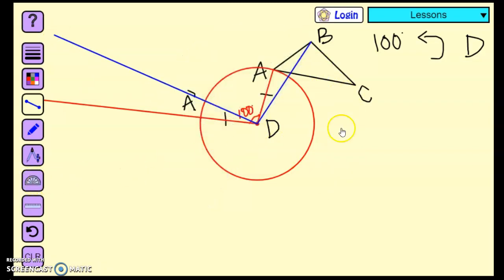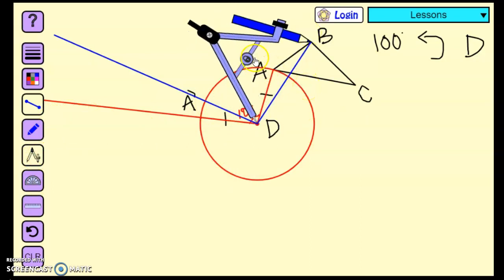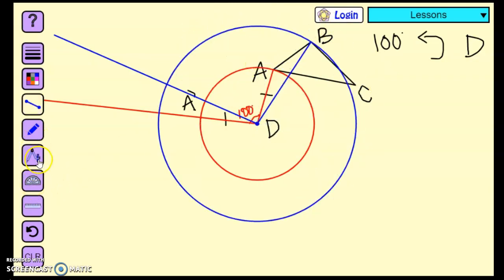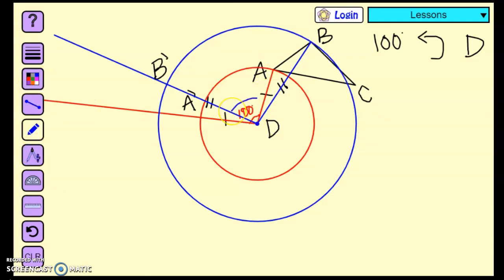Okay, I'm going to get rid of my protractor, get out my compass, measure the radius of my circle to be the length of BD, and then my point B prime is going to be right here. This point right there. Because BD and this segment B prime D are both radii of this blue circle. And because I know this blue angle is also 100 degrees.